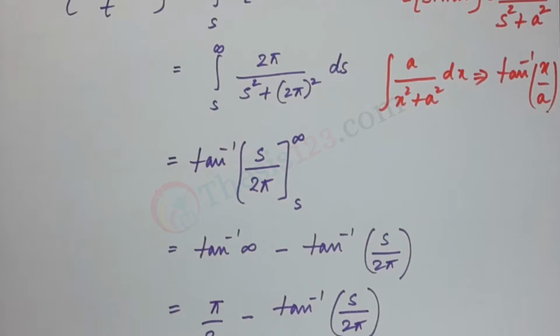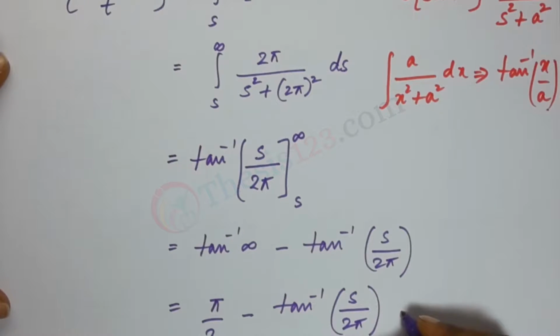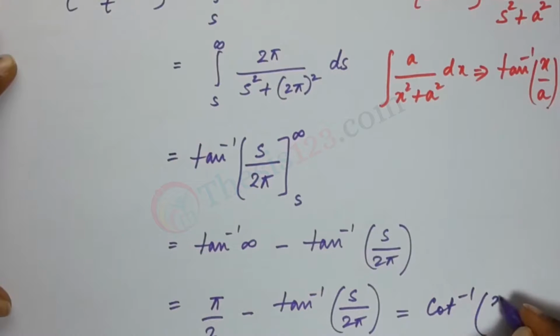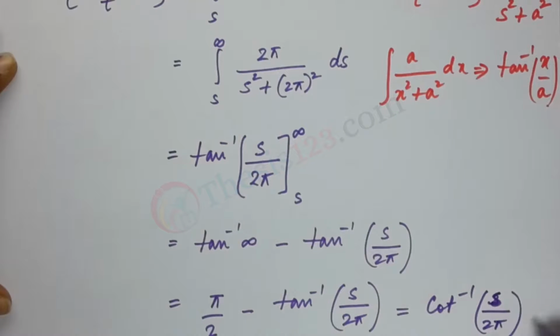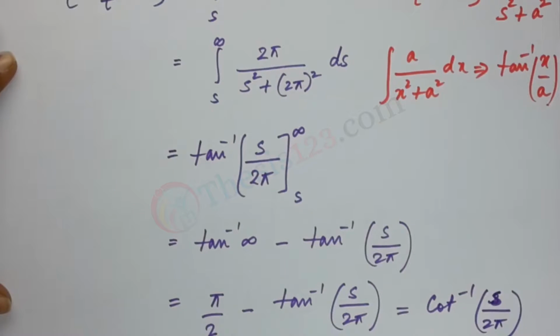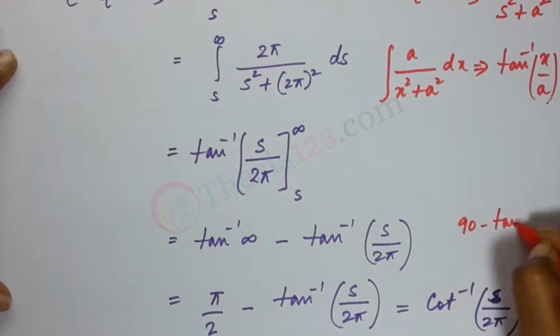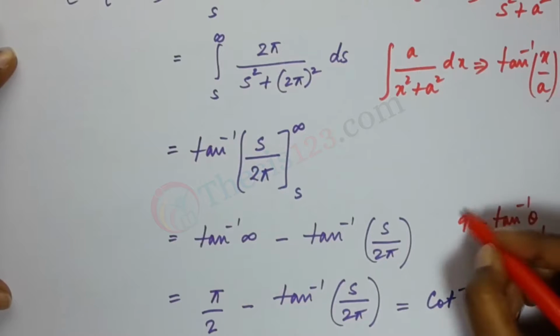So 90 minus tan inverse theta is cot inverse theta. Please remember that. That would be cot inverse of s by 2 pi. I'll write that here: 90 minus tan inverse theta is cot inverse theta.